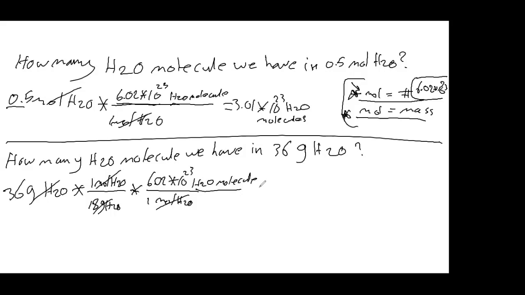I just need to do the math. 36 divided by 18 gives you 2, times 6.02 gives you approximately 1.2 times 10 to the power 24 H2O molecules. Guys, also check the number. I'm not using the calculator just to go quickly. So just always check the numbers in your calculator. Okay, so this is how we will deal with this type of question.